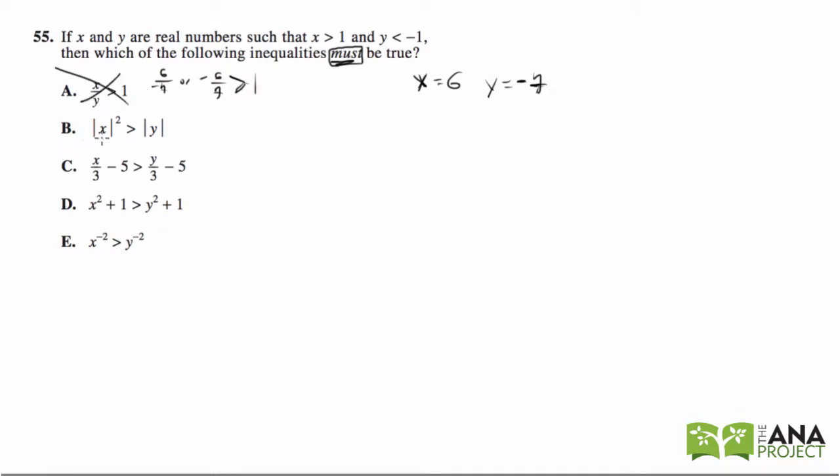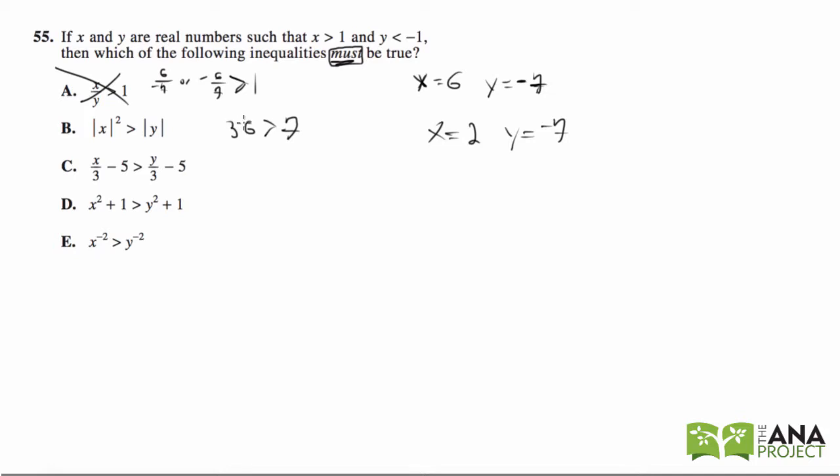Now let's check B out. The absolute value of x squared: the absolute value of 6 is 6, so 6 squared, which is 36, is greater than the absolute value of -7, which is 7. Well, this is true here, but is it true for anything? Let's switch around some of the numbers. What happens if x is 2 and y is -7?